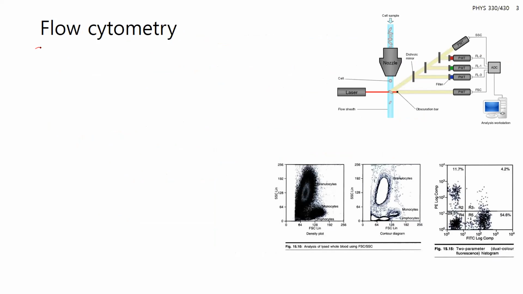So how this works is that you have single cells in suspension. Remember, we talked about suspension in Tuesday's lecture. So they're in solution, they're not adhered to a surface. If you are culturing your cells on a plate, you might have to remove them and then put them in solution or suspension, and they're going to be simply passed through a field of illumination.